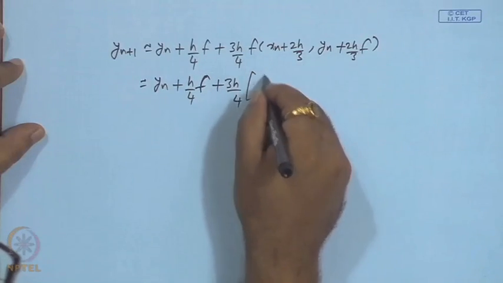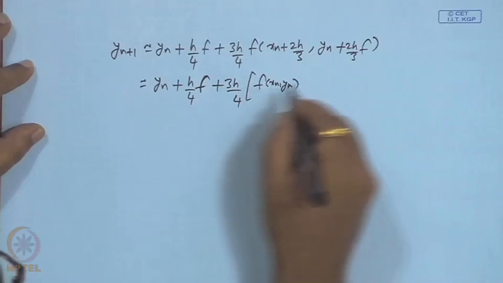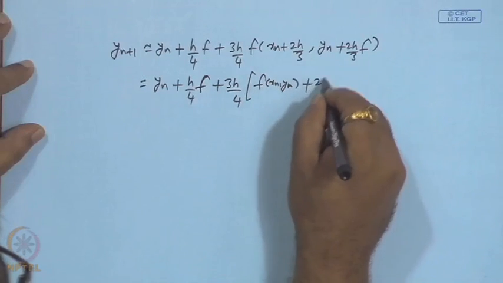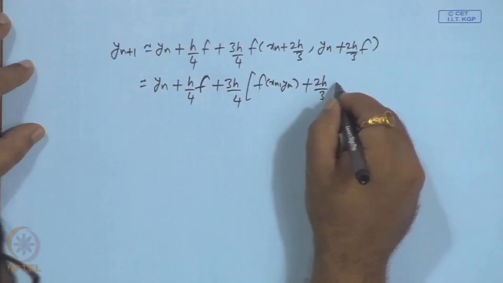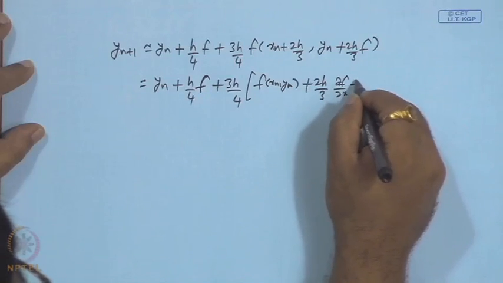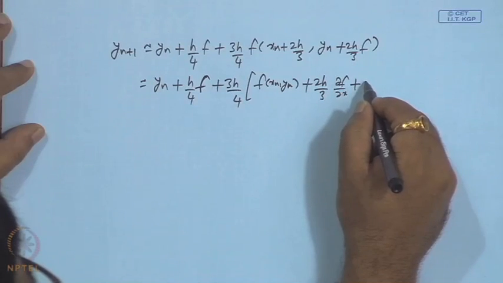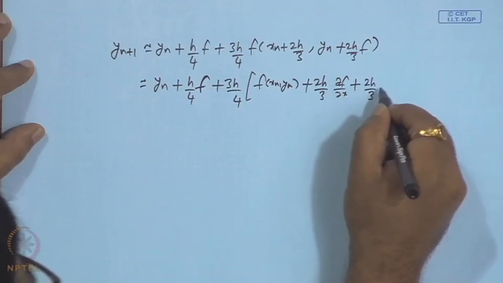So, this one, f of x and y n plus the increment is this. So, 2 h by 3 dou f by dou x plus increment with respect to y, 2 h by 3 f.